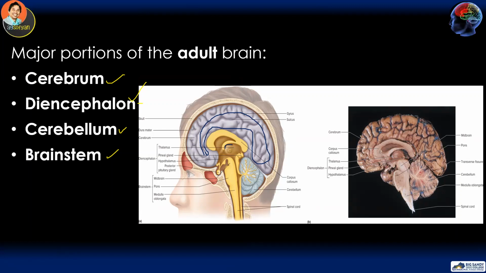The biggest part is the thalamus, then the hypothalamus under it, and the epithalamus on the back, with the pineal gland. Then the cerebellum is on the back. The brainstem consists of the midbrain, then the pons, the biggest part of the brainstem, and the medulla oblongata that will continue as the spinal cord.